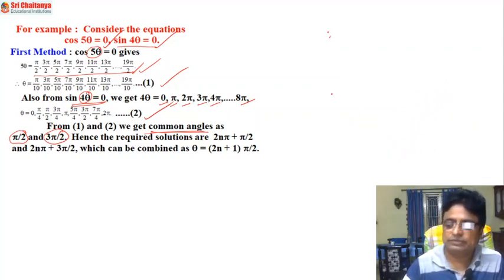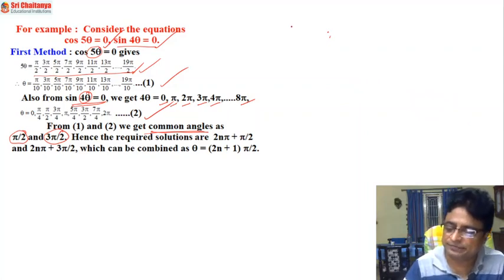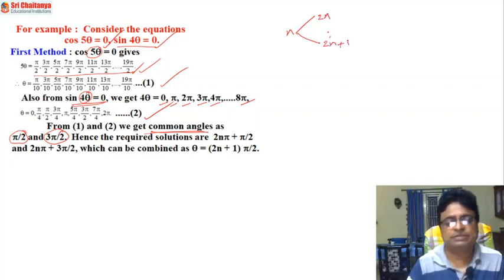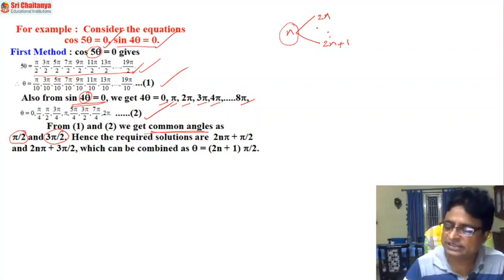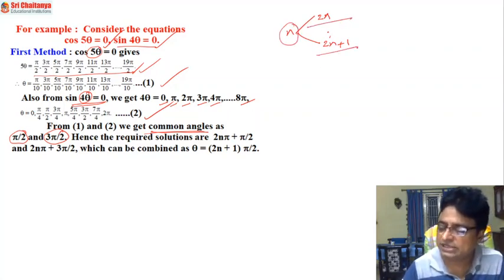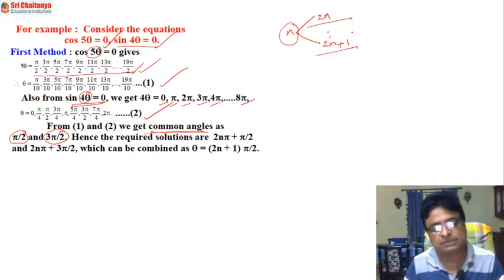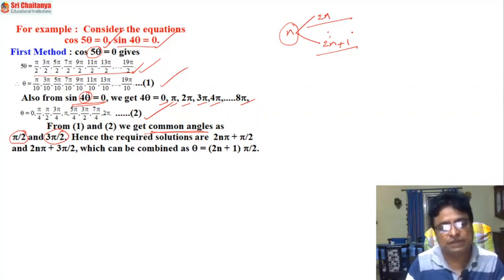And moreover, if n is an integer, then that n, there are even integers and there are odd integers, because the set of integers contains a set of even integers and a set of odd integers. Combined, by combining these two, you can get the set of integers. These are all simple and trivial information for writing the final solution of the general solution. This is about the first method.